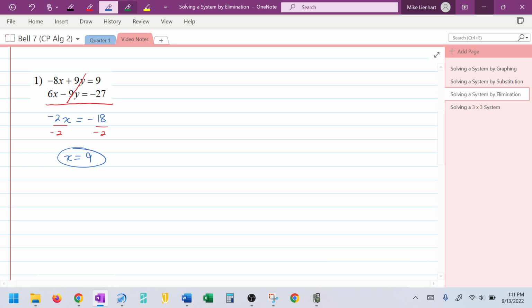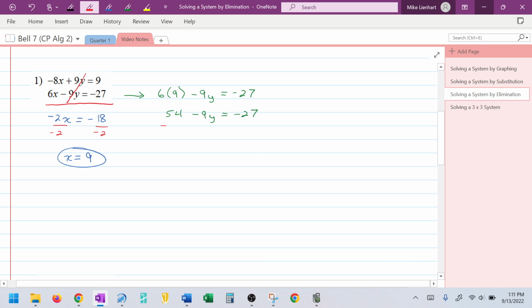I'm going to take this x value that I just found and plug it in here. So I have 6 times 9 minus 9y equals -27. I could have plugged it into the other equation as well. This gives me 54 minus 9y equals -27.